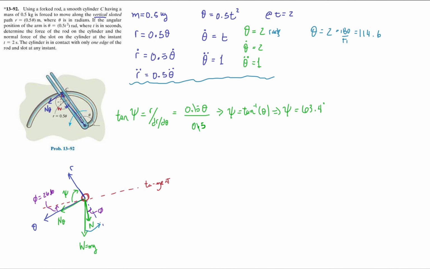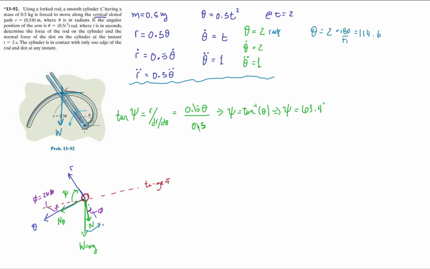So I'm going to erase these over here. So that this vector that I just drew is the weight, right? Theta is equal to 114.6. Okay. Now, let's find what this angle is.